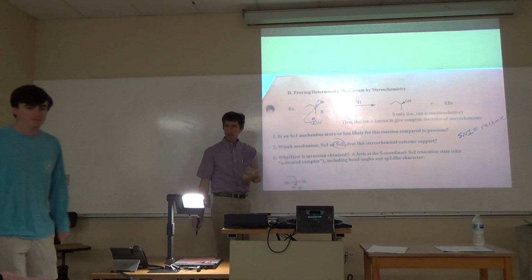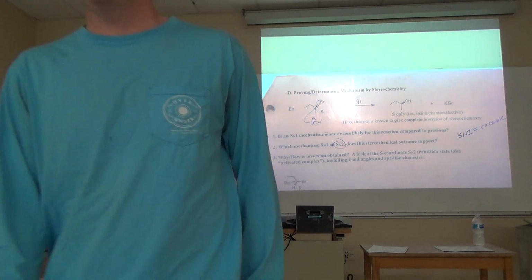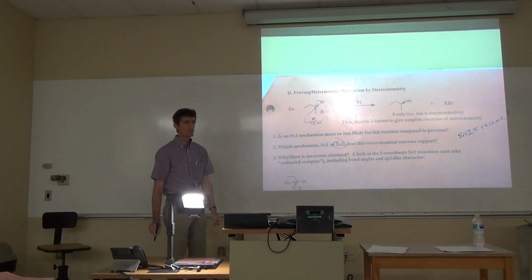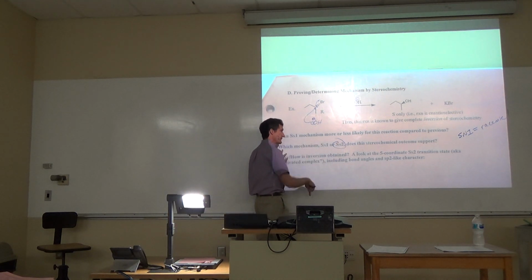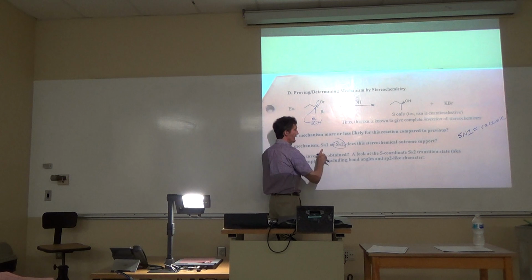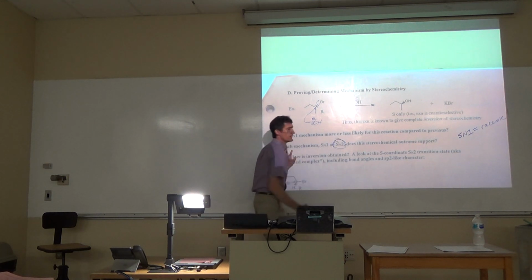Secondary cations are okay. They're not as good as tertiary, but they're okay. But seeing the stereochemical outcome, what was the mechanism here? Even though SN1 is more likely than before, it still isn't the mechanism. The mechanism is SN2.